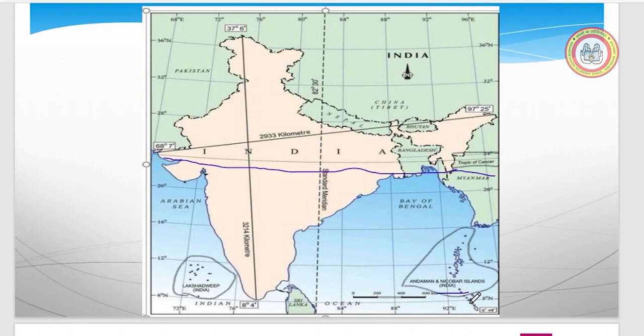Andaman and Nicobar Islands are situated in the southeast of the mainland in the Bay of Bengal, and Lakshadweep Islands are situated in the Arabian Sea in the southwest direction. These are the two groups of islands belonging to India.